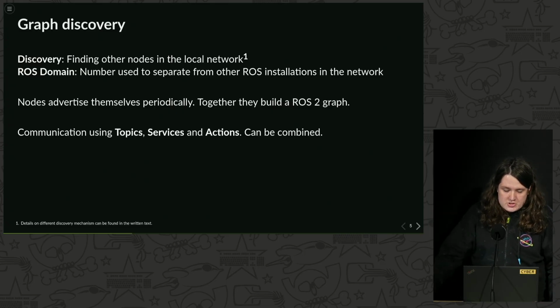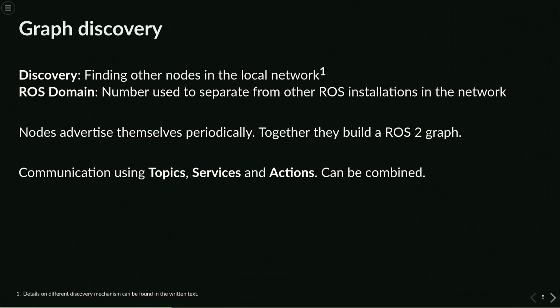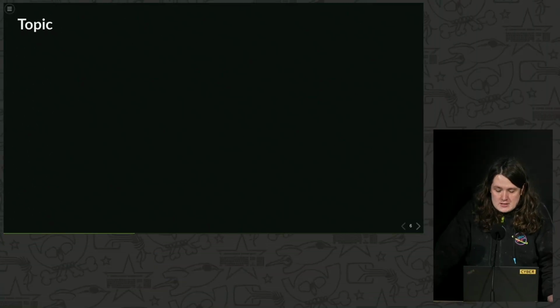How do they talk to each other? They can use topics, services, and actions, and you can combine them. So it's possible that one node subscribes to multiple topics, calls multiple actions and services, or is the server for them. So let's go over them quickly. What is a topic? A topic is basically subscribe and publish, like you would have with MQTT or something like that. So they are asynchronous.